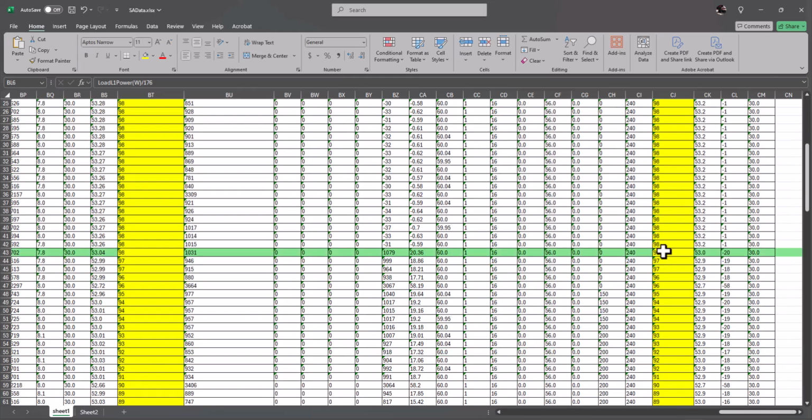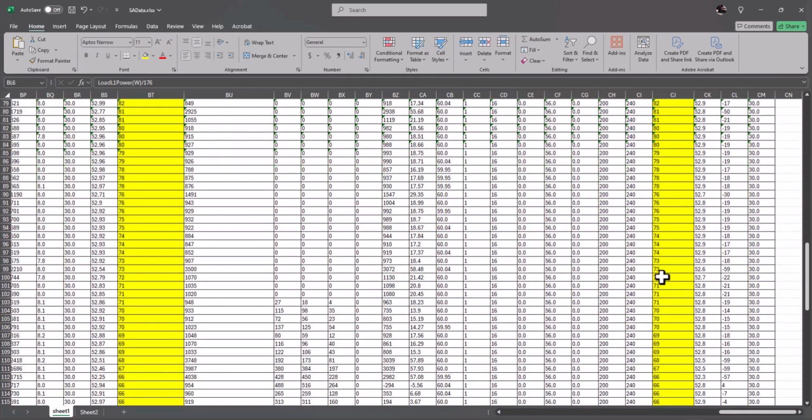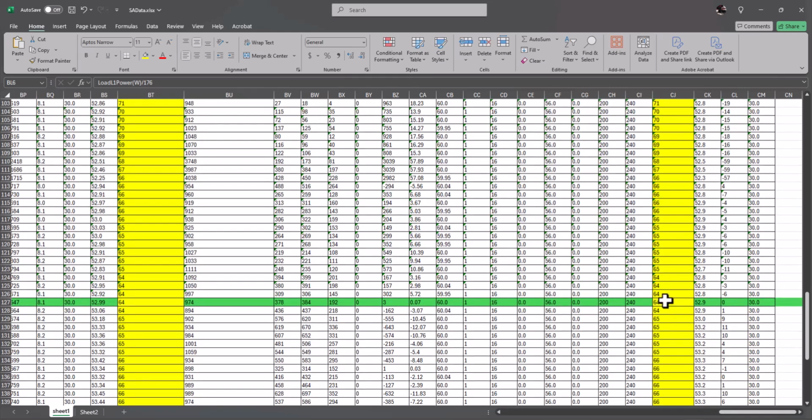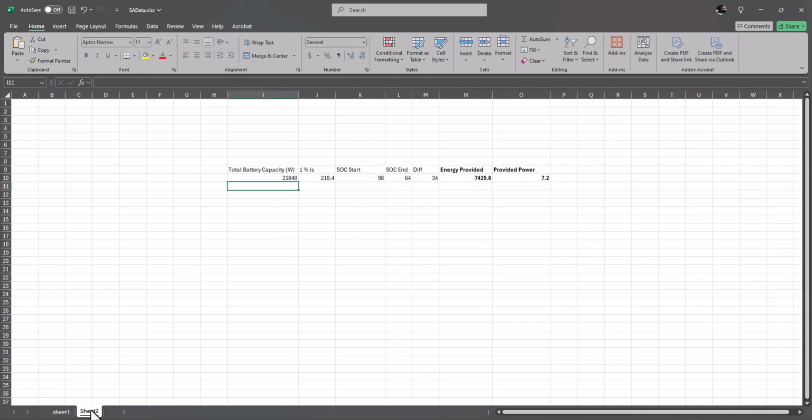I know that at 3 o'clock, state of charge was at 98%, and then at 10 a.m. when I stopped the test, it was at 64%. So I've done a quick calculation here. I've got 5.4 kilowatt-hour batteries. My state of charge was 98% and 64% at the end, meaning a difference of 34%.